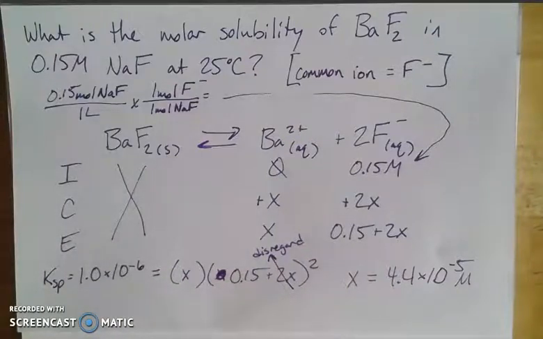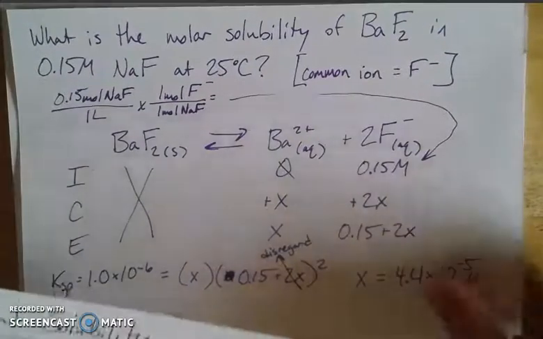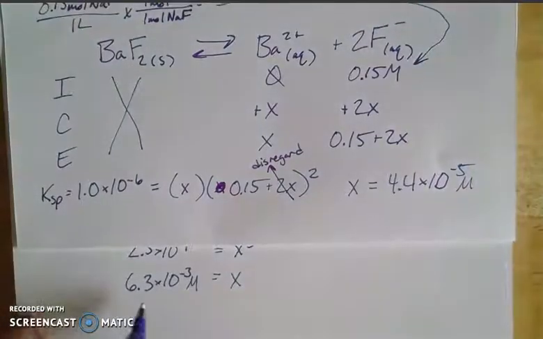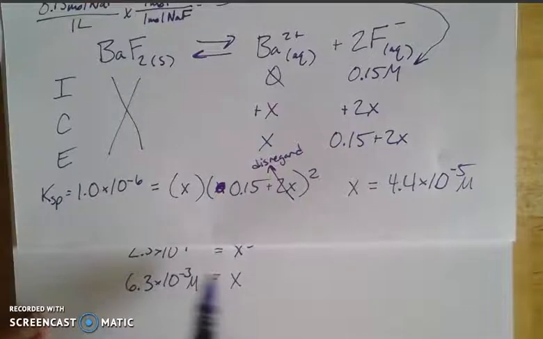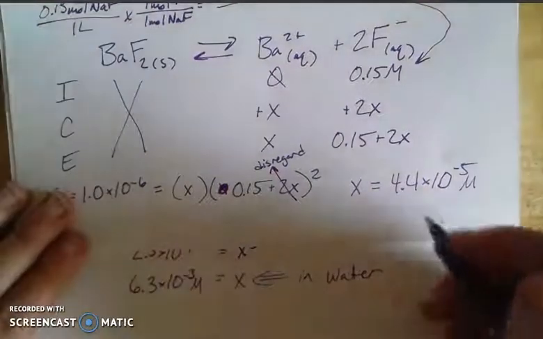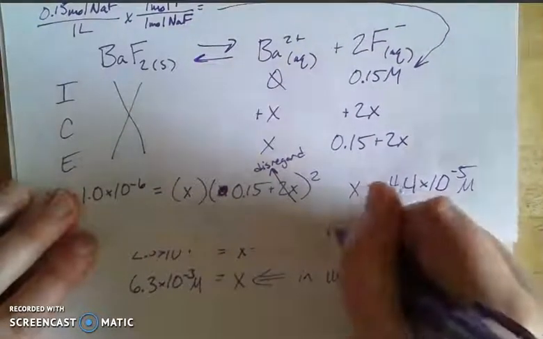If we compare this to the value that we got in the first one, so here's my first problem. This was the molar solubility that we had in part 1. So this was in water. And this guy was in the sodium fluoride.